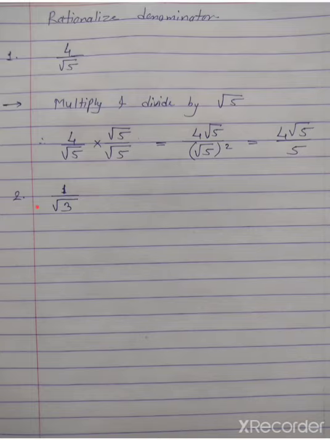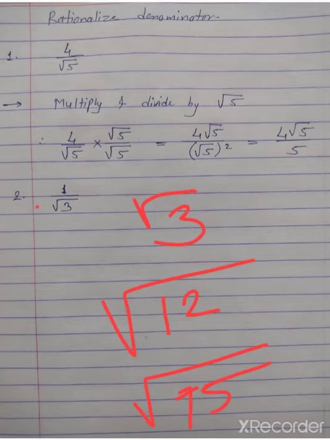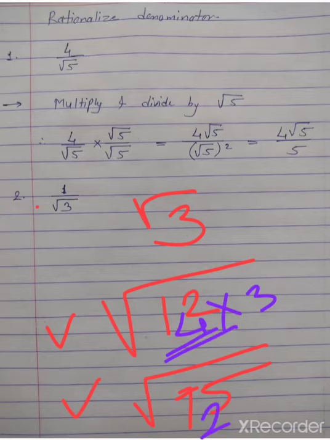Let us see the next one. It is the simplest one. Here we will select rationalizing factor root 3. Otherwise you can use other rationalizing factors also, because we can convert 12 as 4 root 3s, and 4 is a square number. Here also 75 you can convert as 25 root 3s.